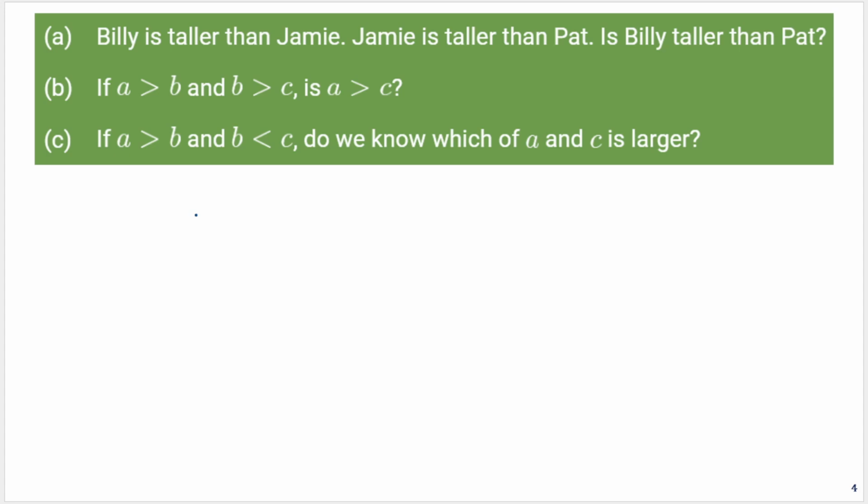Because Billy is taller than Jimmy, Billy is taller than everyone who is shorter than Jimmy. Since Pat is one of these people, we know that Billy is taller than Pat too. So the first one is true. You follow me?